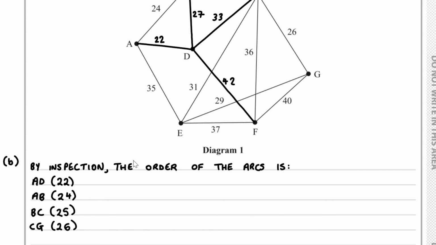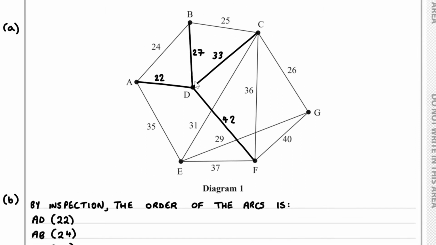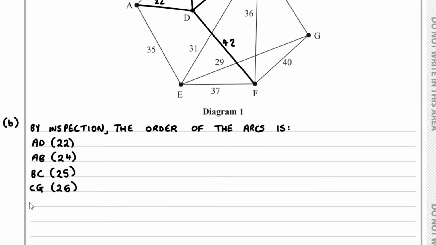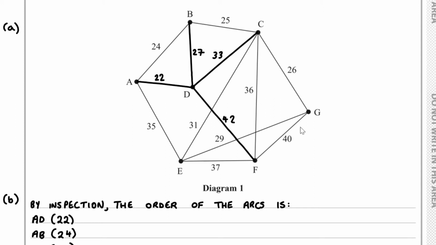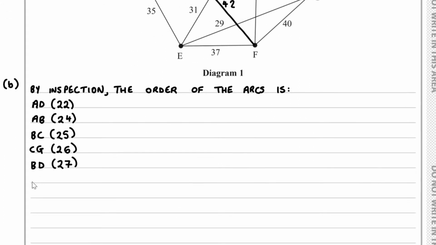Then we have BD with weight 27. Then we have EG with weight 29.